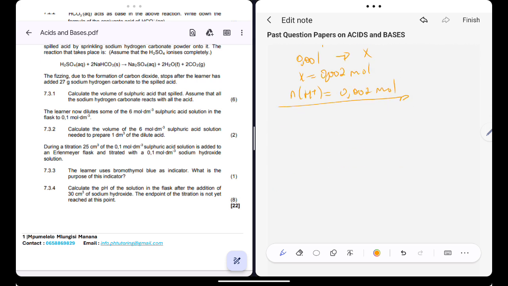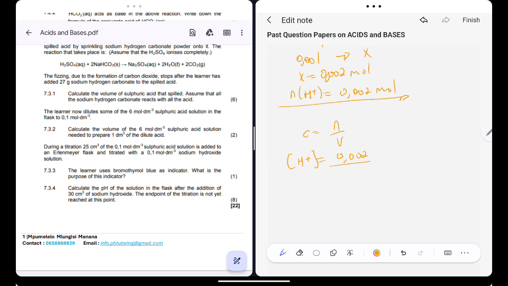So now, to find the pH, I must know the concentration of the H plus ions. I do know the number of moles. Now I want to find the concentration. Concentration is n over V. This simply means the concentration of H plus ions is 0.002 divided by, remember that, guys, the final solution has both the acid and the base. So I'll simply add my two volumes there.